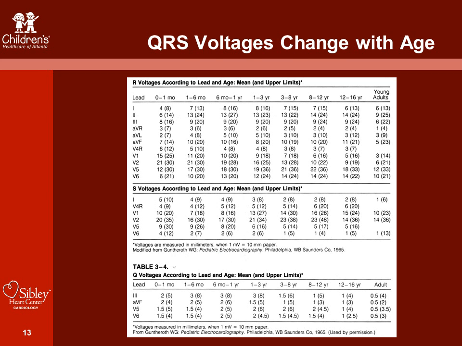In addition, the QRS voltages change with age as well. So in a newborn, the R wave will be less dominant in the left lateral leads than in an adult.